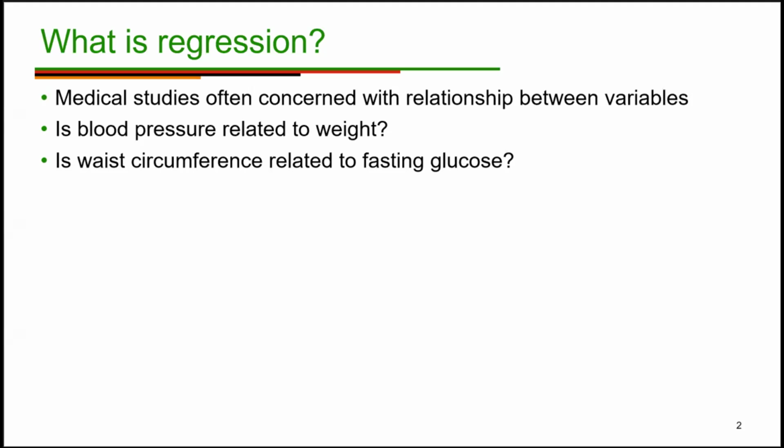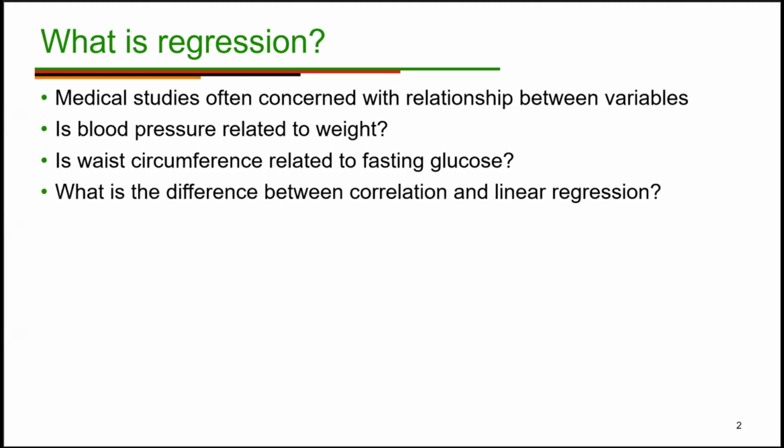And so with regards to linear regression, when the outcome in that regard is continuous, some of the methods that we can use to define that relationship when you have 2 quantitative variables is correlation and linear regression.